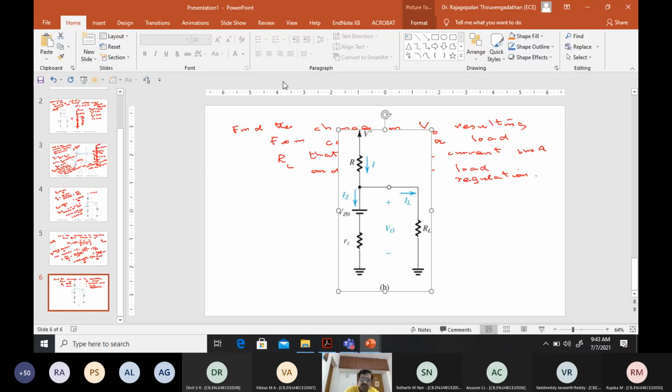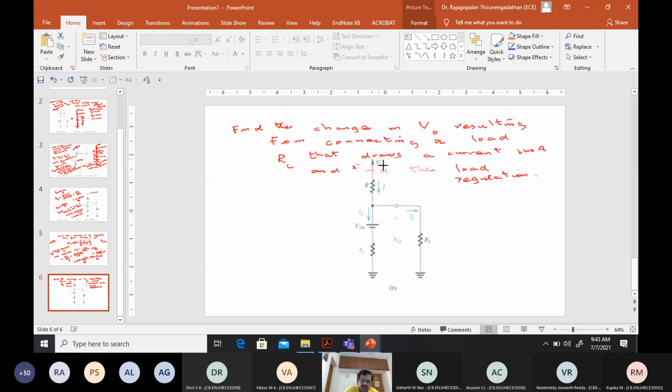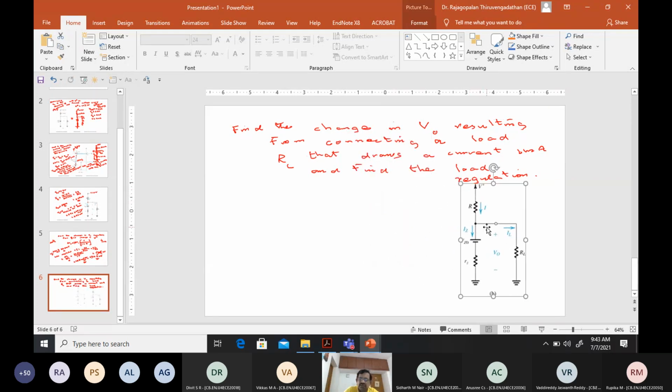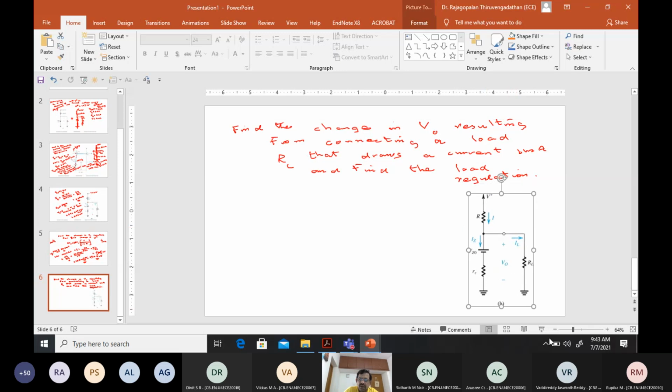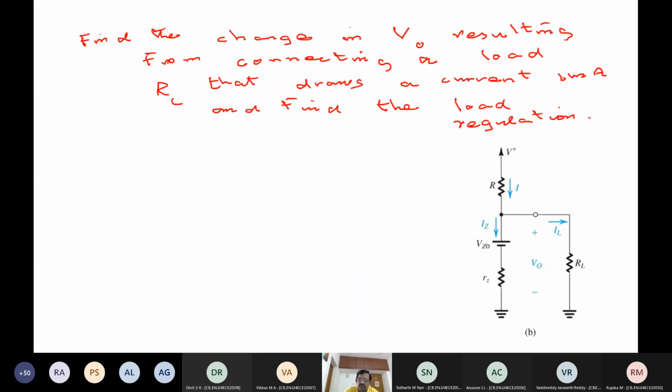Okay, so let me. So the letters are clearly visible. When RL is connected, that means it is drawing a current. Therefore, there will obviously be a decrease in IZ.